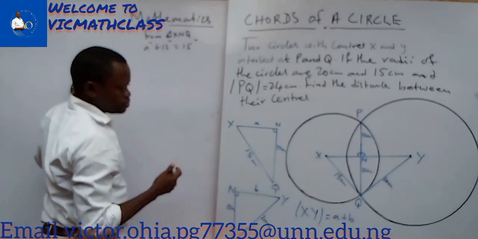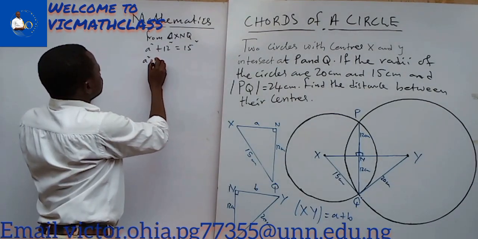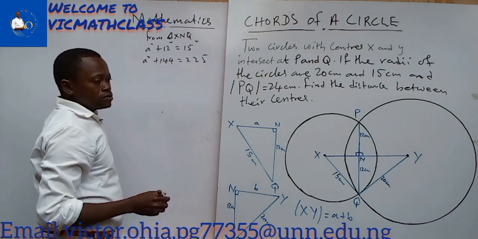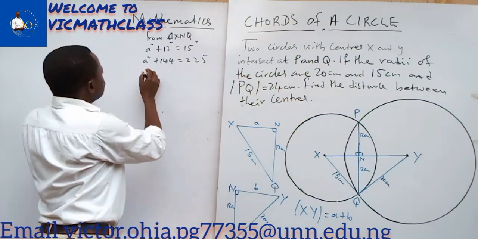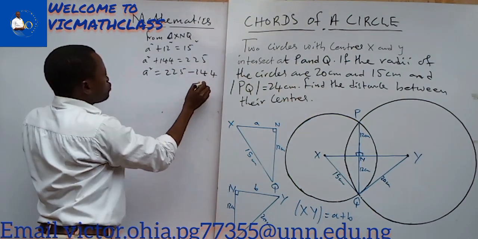I'm sure we are conversant with that. So we have A squared plus 144 is equal to 225, that's 15 times 15. So A squared is equal to 225 minus 144.